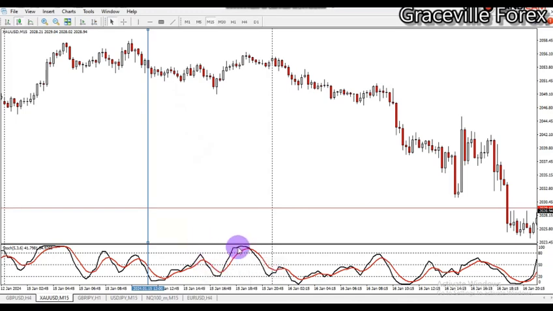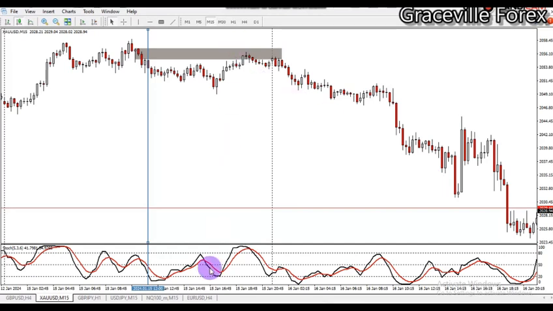This is where we look at a valid entry for our sell position. You can use principles of order block as a combination to take your entry, and you can see we have this sell down to this place.